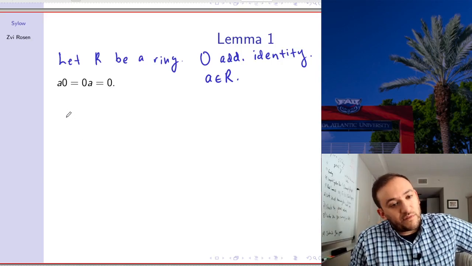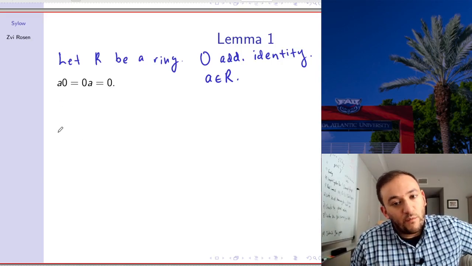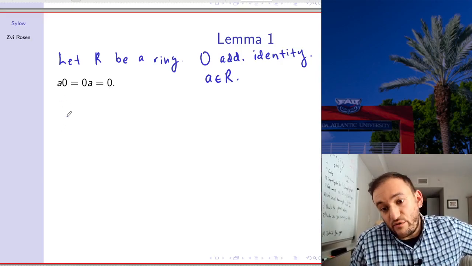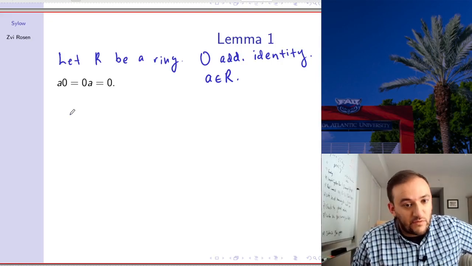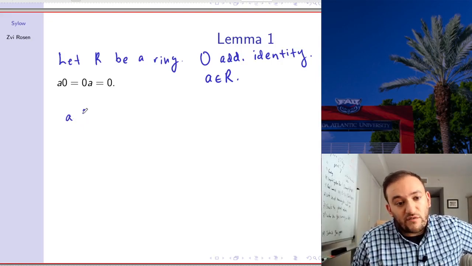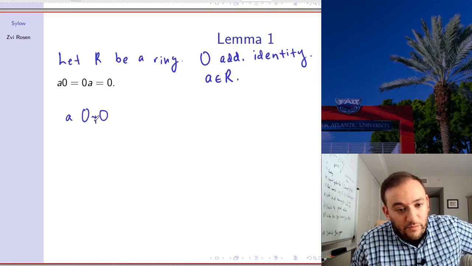Well, let's play around with this a bit. We know that 0 is the additive identity, so if you add 0 to anything, it's the same. In particular, if I add 0 to itself, it's the same.